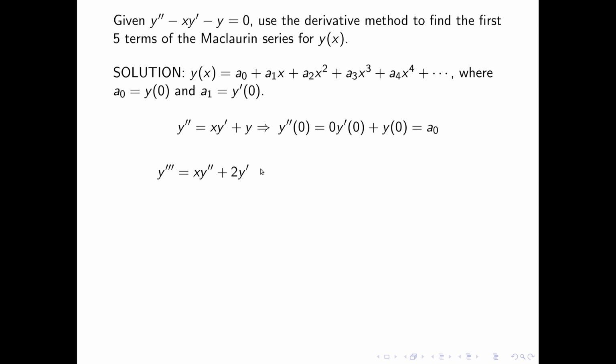Good. So now that we have that, we just evaluate everything at 0, just like before. And so again, we get 0 times y double prime of 0 plus 2y prime of 0. Do we know what y prime of 0 is? There it is, a1. And so therefore we simplify to just 2 times a1. Good.